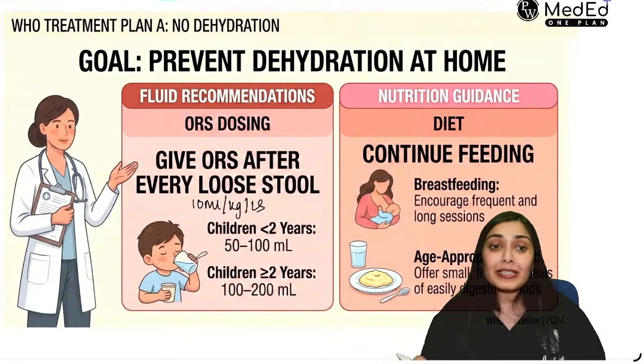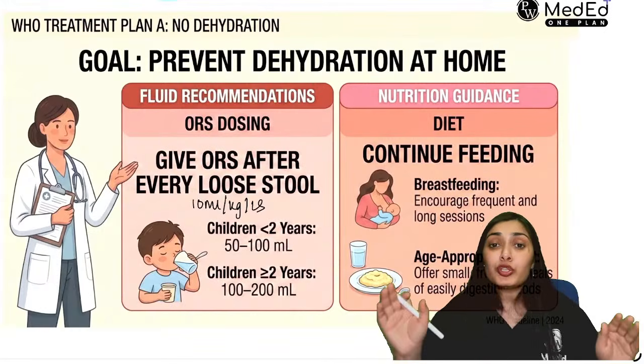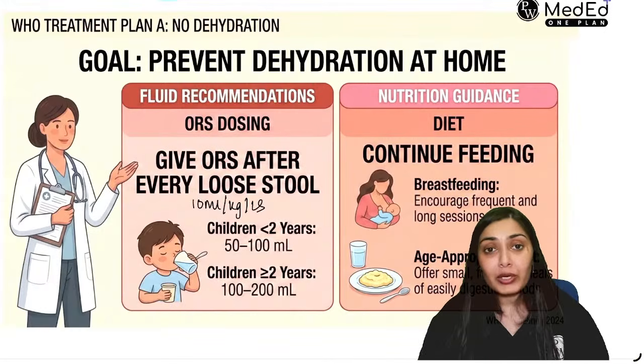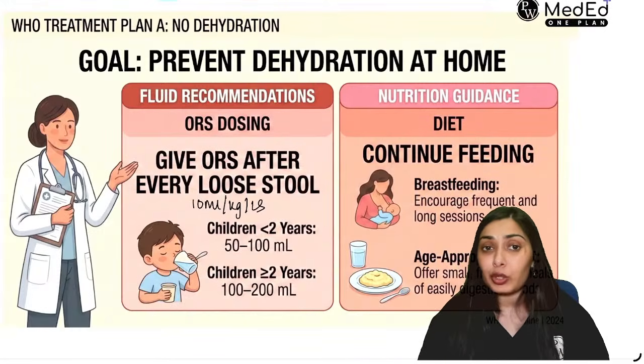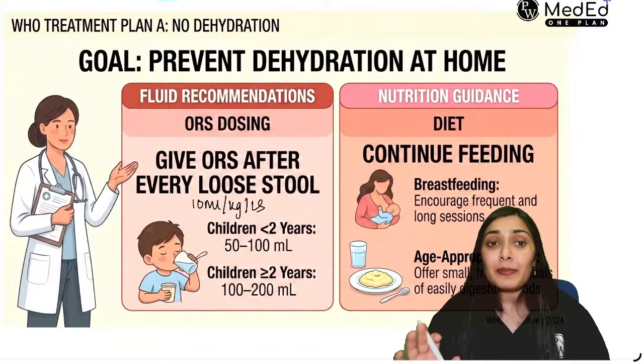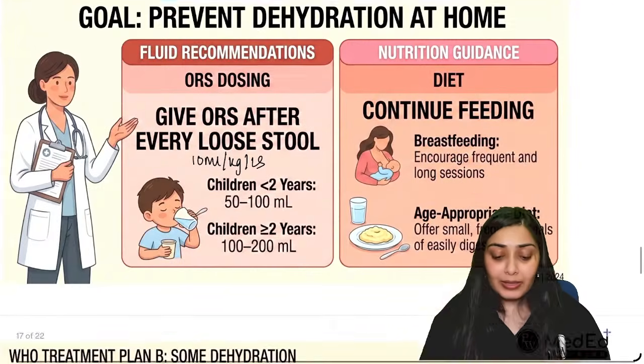And remember, in this period, continue breastfeeding and offer small amounts of age-appropriate food. You don't need to stop the diet of the child, right? Whatever the child was taking before the loose stools, you continue with that. So this is plan A, no dehydration, just replacing the losses, nothing else, right?